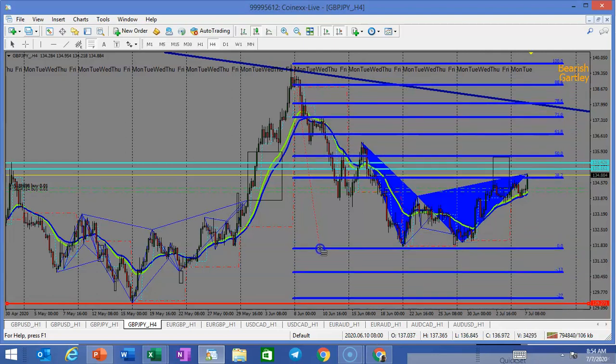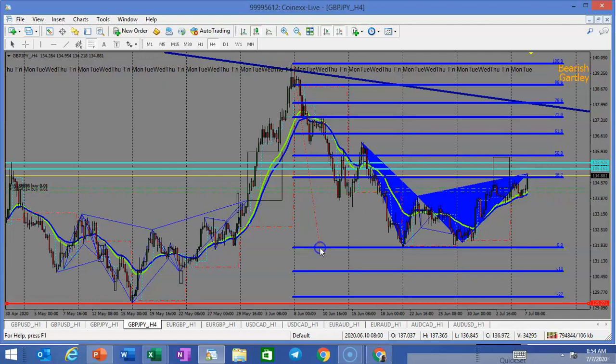The retracement measures the pullback, the reverse of an impulse move down. This is our impulse move down, so that's why I took the retracement from high to low. That's the impulse move that I want to measure a retracement on. We are actually at our 382, so that's pretty significant.